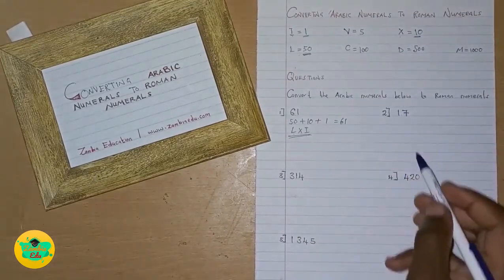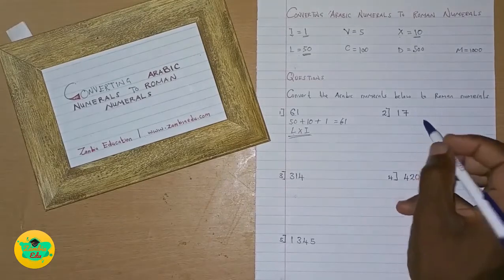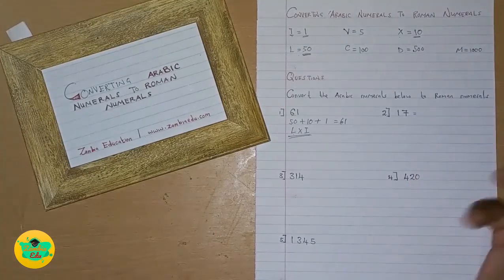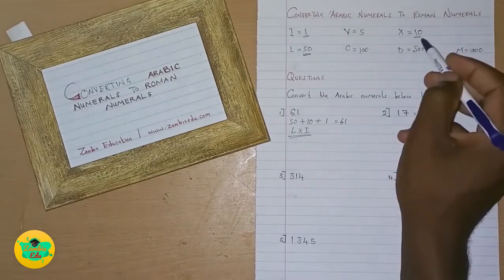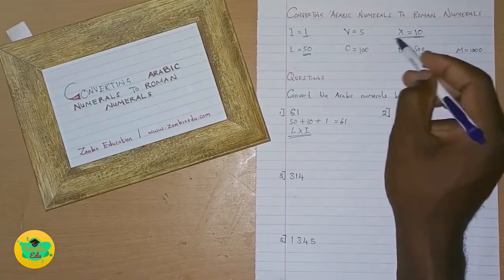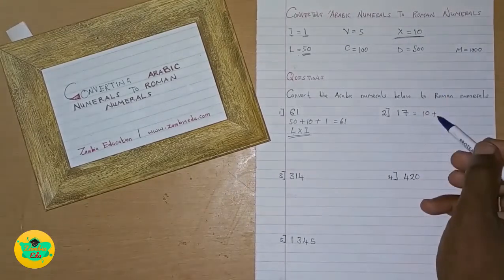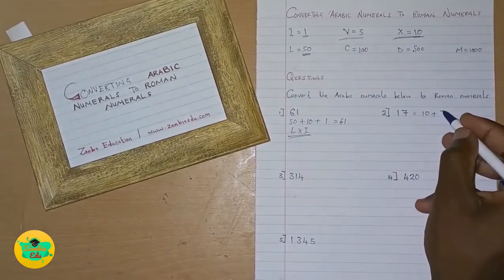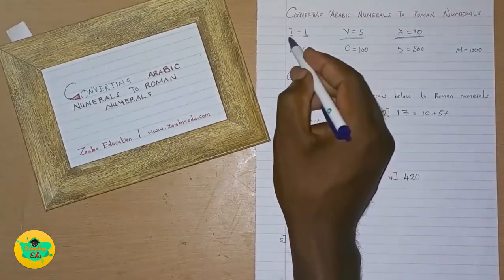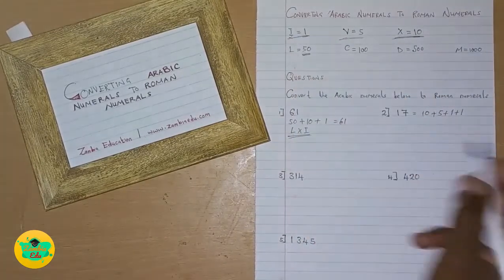Question number 2 is looking at 17. How do you write 17 in Roman numeral? Okay, what can we use? We can use X, which is a 10, plus what can we add to it to come up with 17, plus a 5, plus a 1, plus another 1.